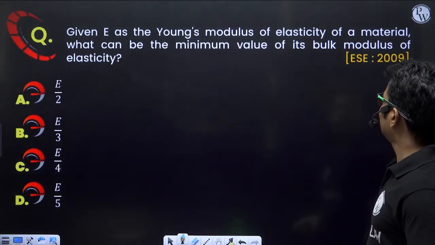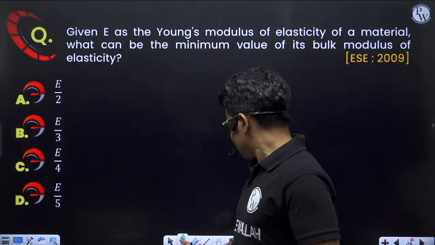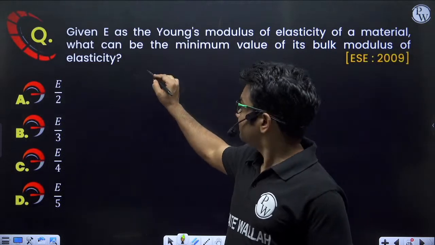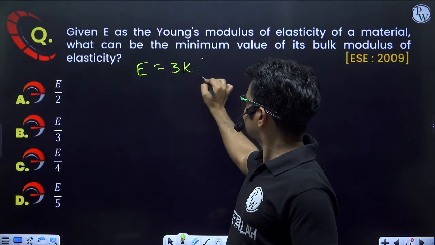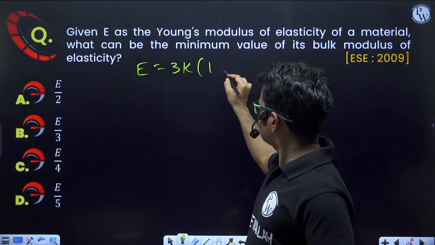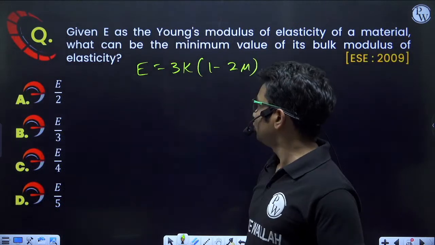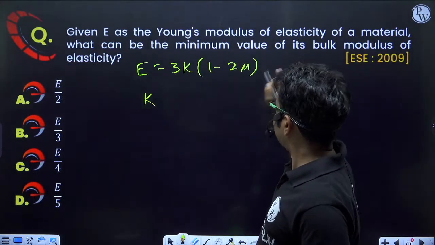Next question on your screen: given E as the Young's modulus of elasticity of a material, what can be the minimum value of its bulk modulus of elasticity? We have to see the relationship between E and K. E is equal to 3K into (1 minus 2 mu). So K, the minimum value of K we have to find out.